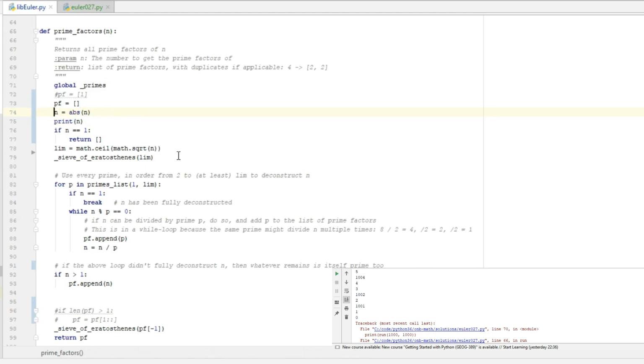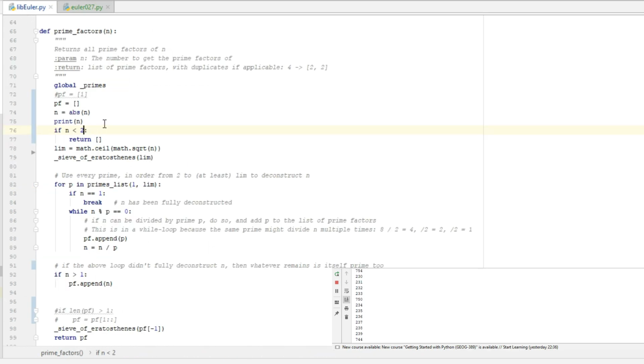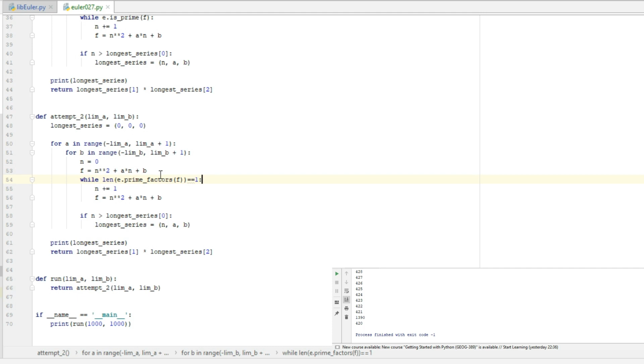Why does it crash on a 0? Alright. Again, main pi 27.